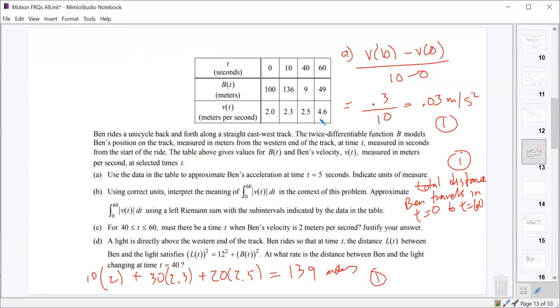But the mean value theorem could, because the mean value theorem says that if the average rate of change of the position there, of the function b of t, was equal to 2 on that interval, then that would tell us that the instantaneous rate of change, or the velocity, would have to equal 2 somewhere on that interval.